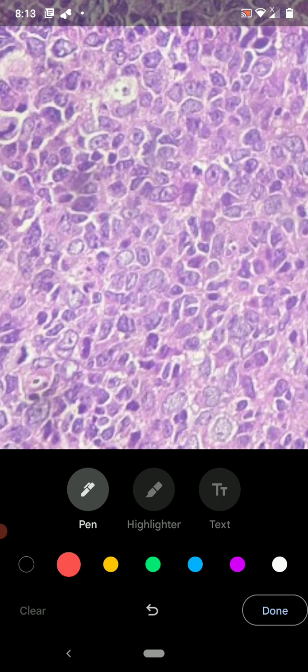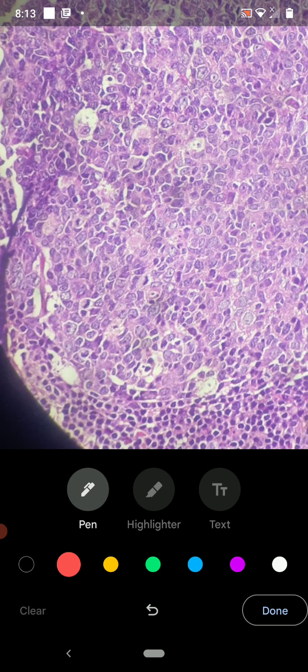Here we can see a centroblast with a dispersed chromatin and sometimes 1 to 2 peripheral nucleoli can be seen. Centrocyte will have cleaved nuclear outline.